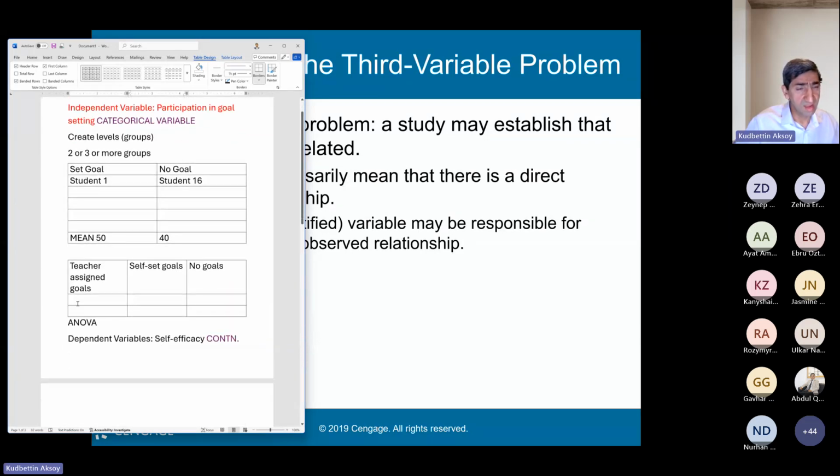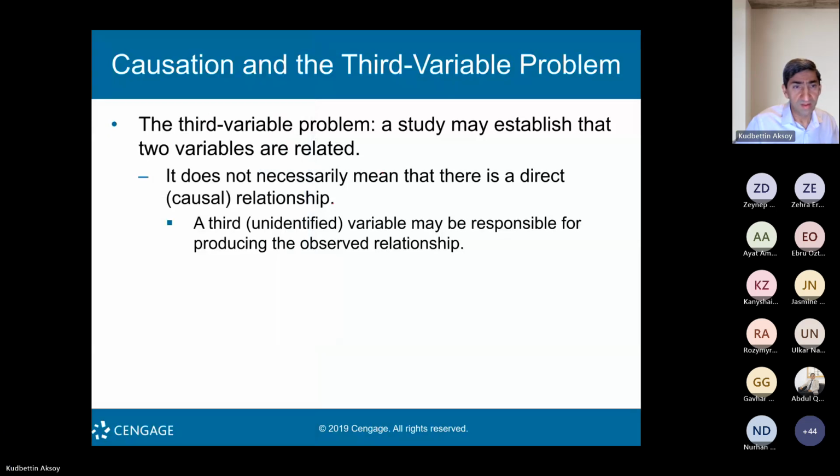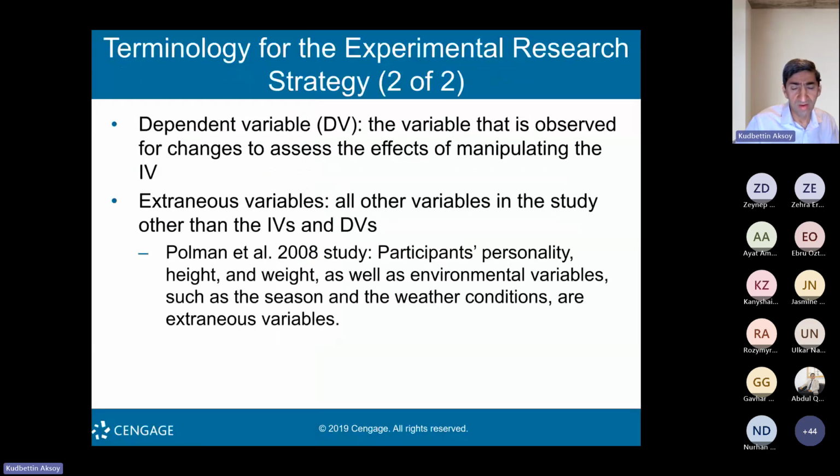So what we have is dependent variable is measured, independent variable is manipulated, and then there are extraneous variables. Any variable that is not independent variable or dependent variable is called extraneous variable. Some variable has an impact on what it is that we are studying, the dependent variable. Like in this study, watching a violent video game versus aggressiveness.